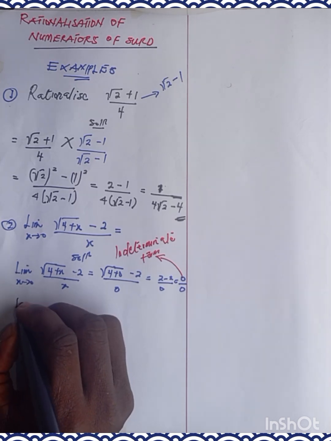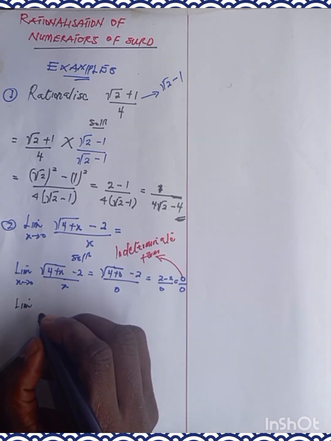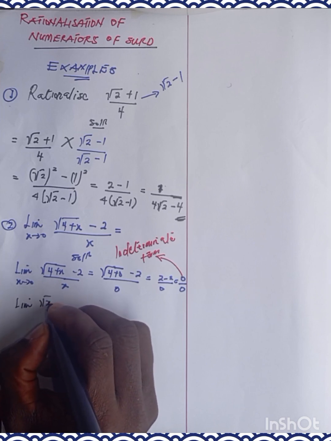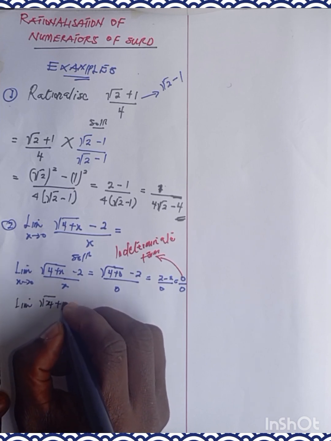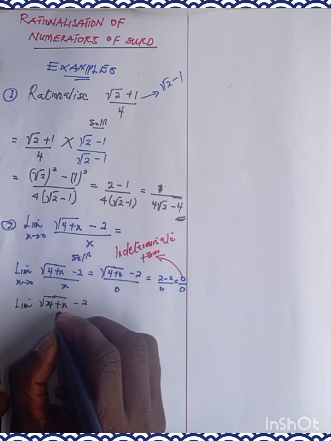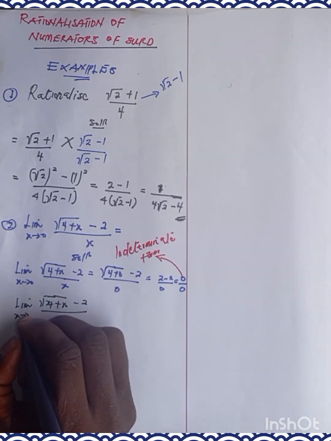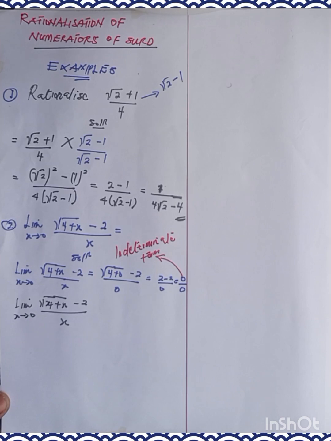So we have the limit of the function root of 4 plus x minus 2 all over x as the argument approaches what? 0. So it means that we are to rationalize. So we identify the numerator. This is the numerator, right?